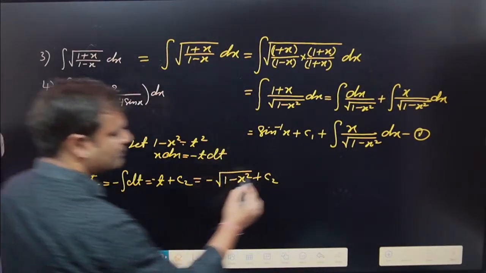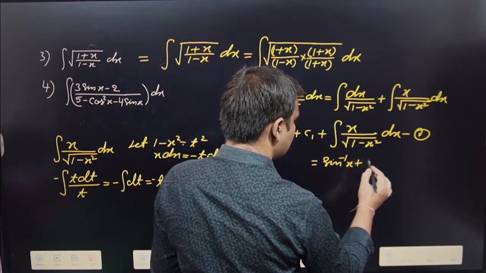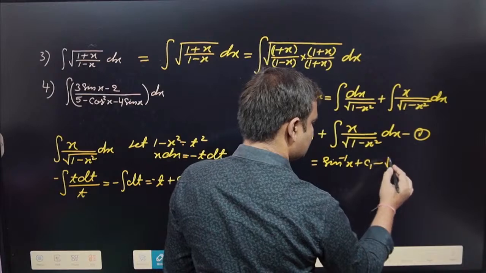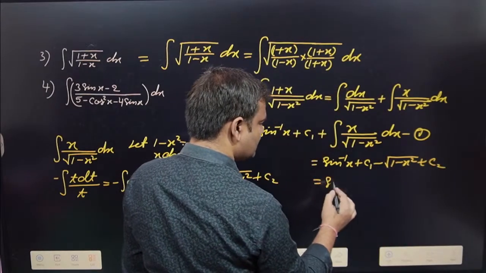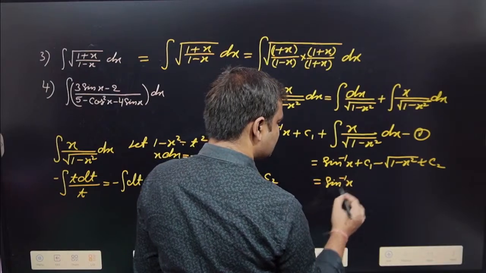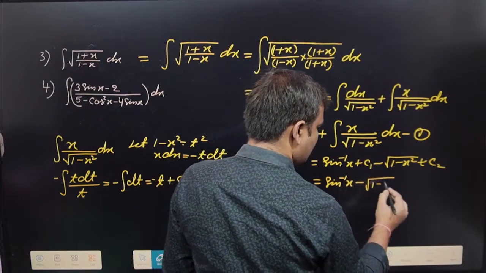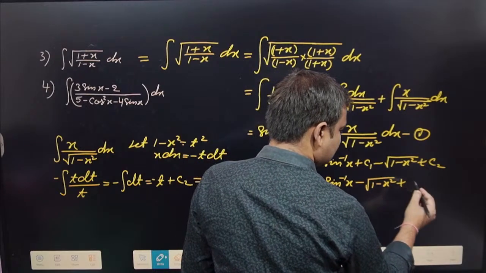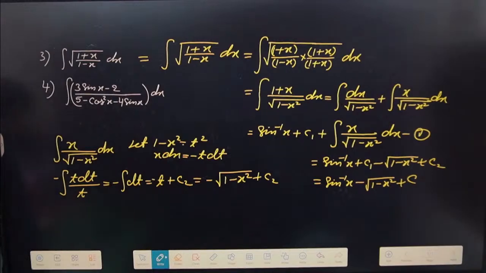Now put that value here: sin inverse x plus c1 minus under root 1 minus x square plus c2. So sin inverse x minus under root 1 minus x square, and c1 plus c2 is basically c. Okay, I hope it is clear. That is sin inverse x minus under root 1 minus x square plus c, which is the right answer.